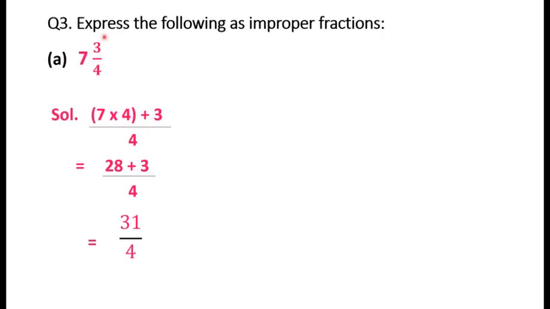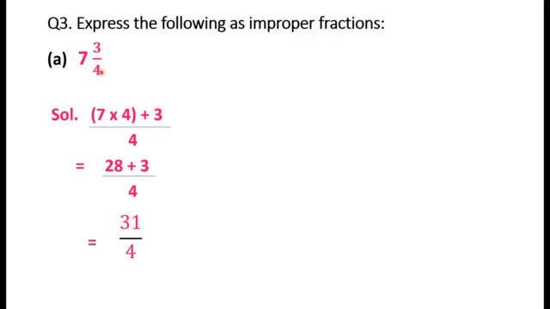Next question, express the following as improper fraction. As I told you, we can convert the mixed fraction into improper fraction or a proper fraction also. Okay, so here it is asked for improper fraction. So first let us see 7 3 by 4. What can we write here? First of all, we have to multiply the whole and the denominator part.